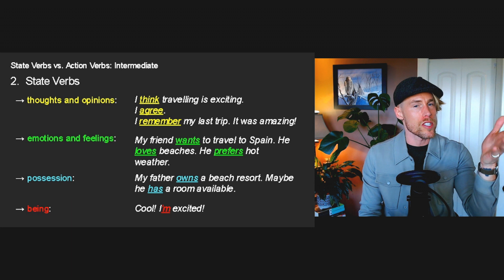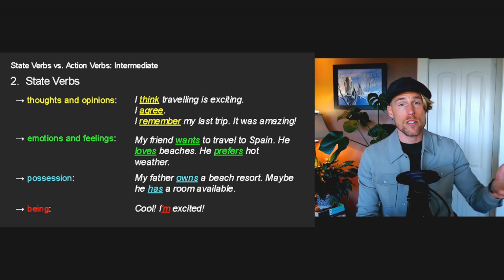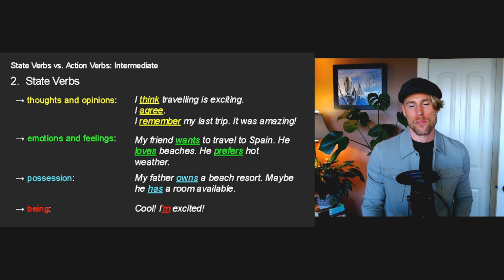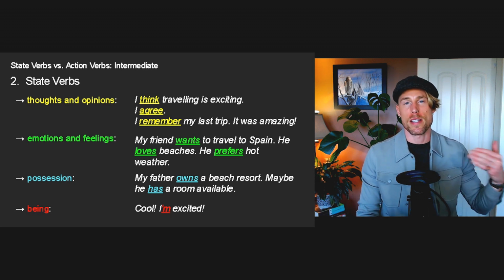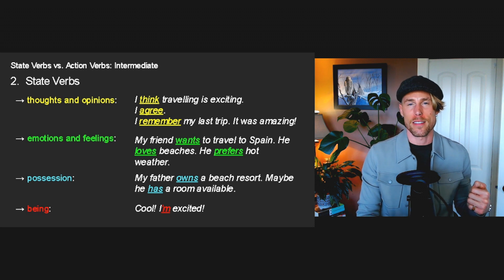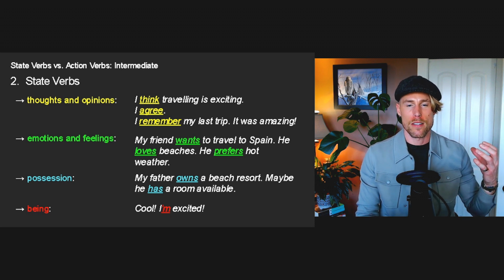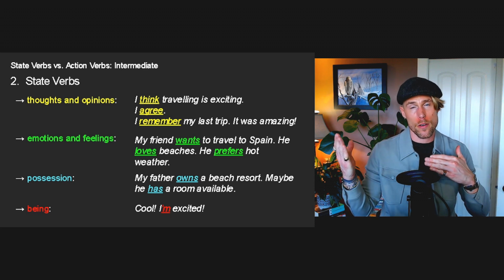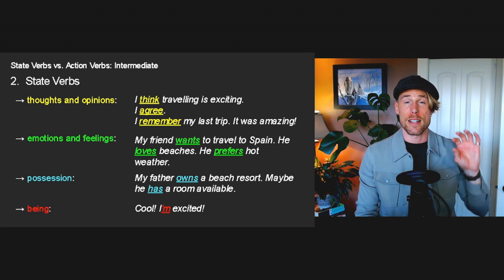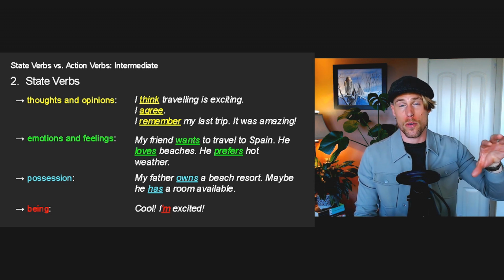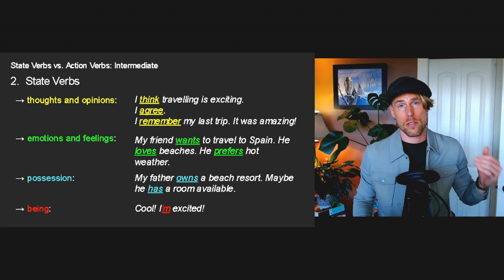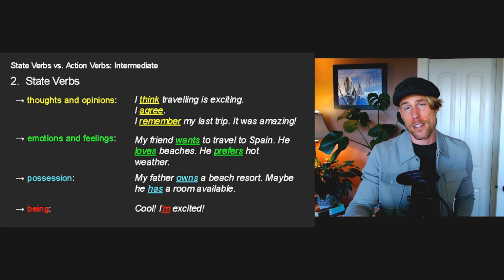My father owns a beach resort. Maybe he has a room available. Cool. I'm excited. So this means the friend that loves traveling, loves beaches, loves hot weather, prefers hot weather to cold weather, can go and stay in the beach resort that his friend's father owns in this example.